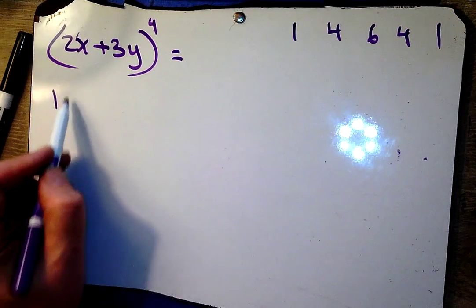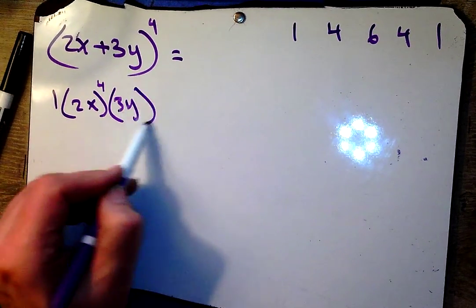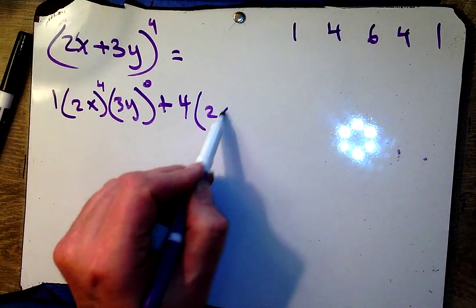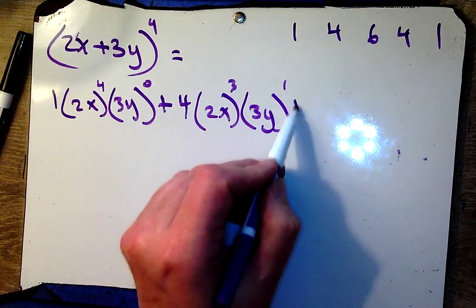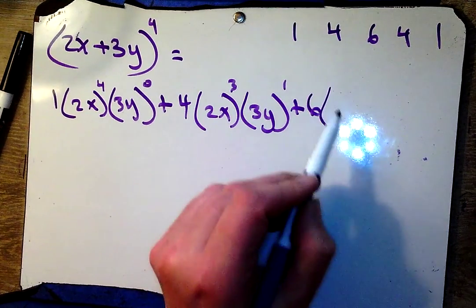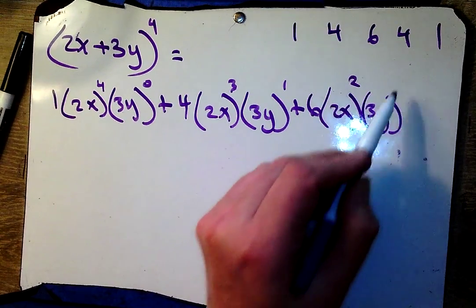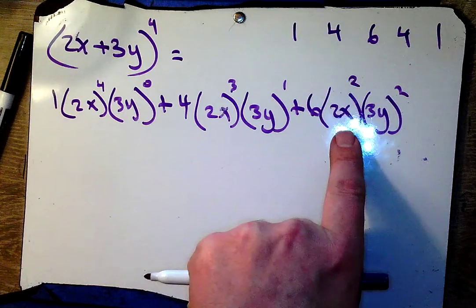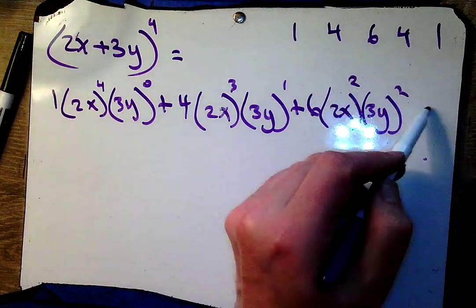Well, 1 times 2x to the fourth times 3y to the 0, plus 4, 2x to the third, 3y to the first, plus 6 times 2x to the second, 3y to the second. See the powers on the first part going down by 1, and the powers on the second part going up by 1.